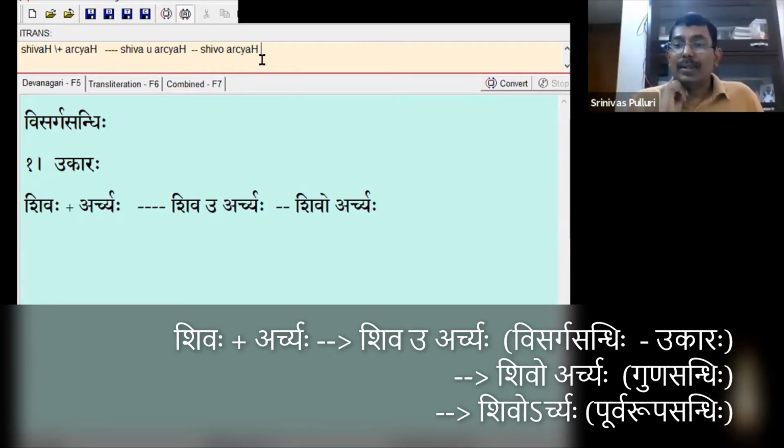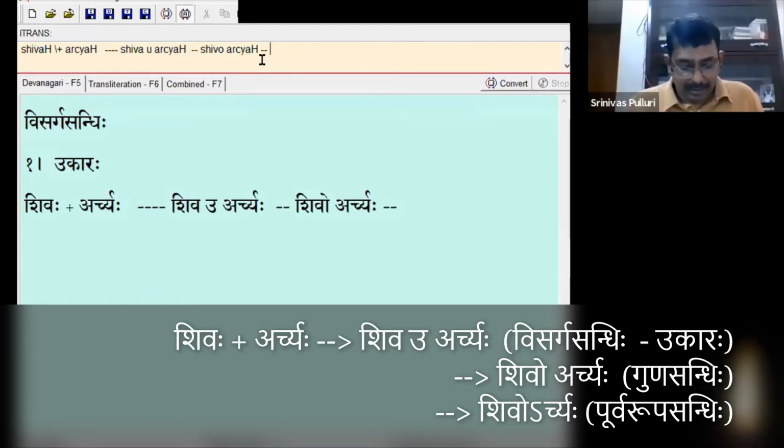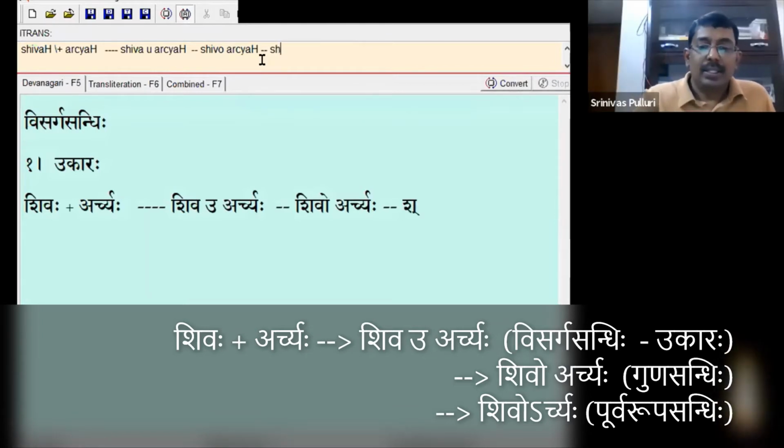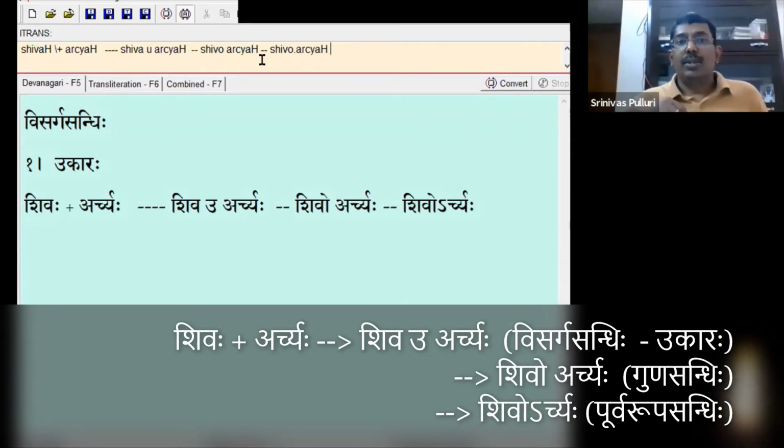What is the rule? Is that the pūrvarūpasandhiḥ? Pararūpasandhiḥ. You are right. So Shivo, but in the pararūpasandhiḥ, because the A is dropped, we will be making an avagraha and archyaḥ. Shivorchyaḥ.